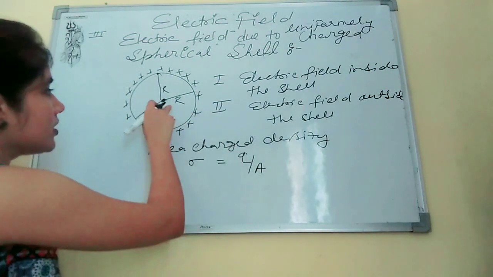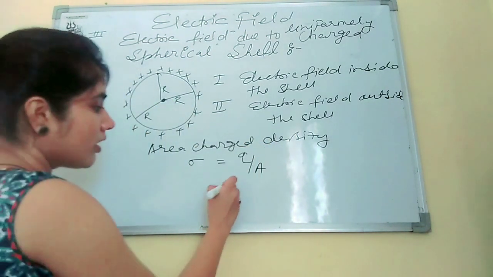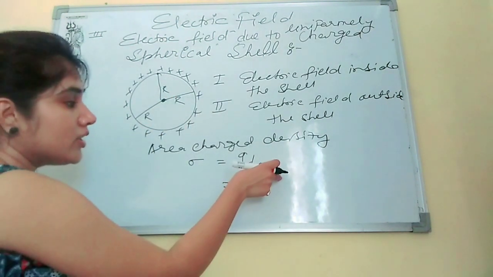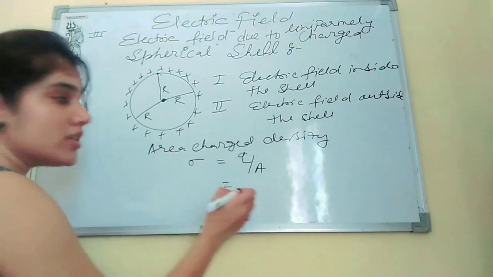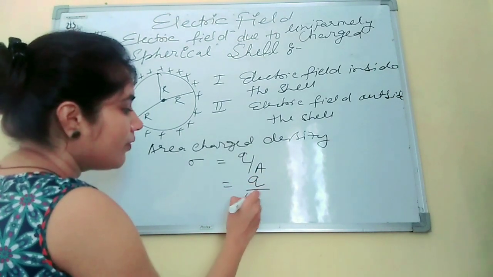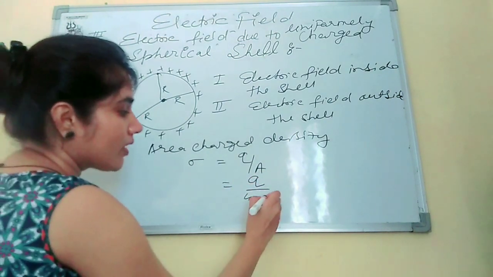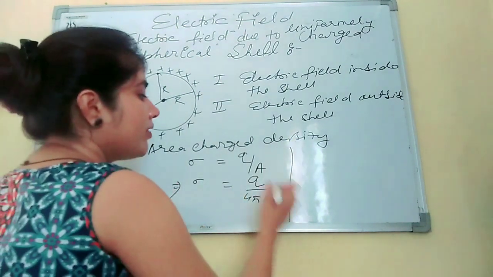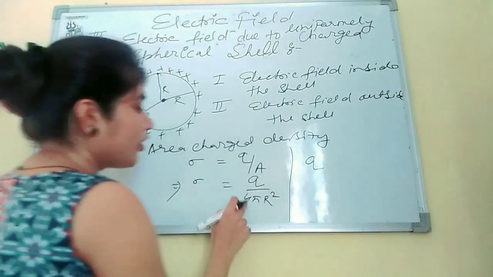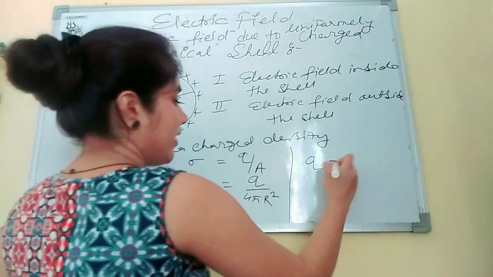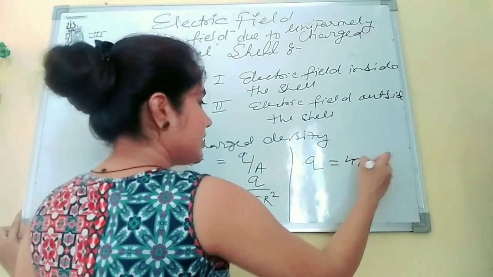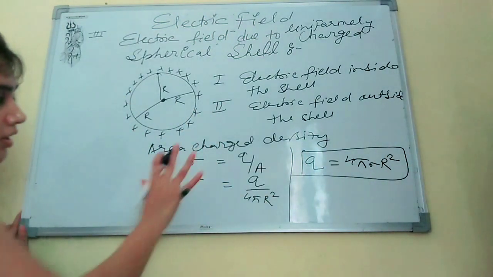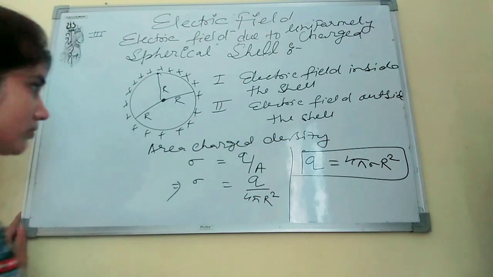And the area of this spherical surface is 4 pi R square, where this is capital R. So sigma equals Q upon 4 pi R square. We cross multiply, and that will be Q equal to 4 pi sigma R square. Okay, we get this Q.